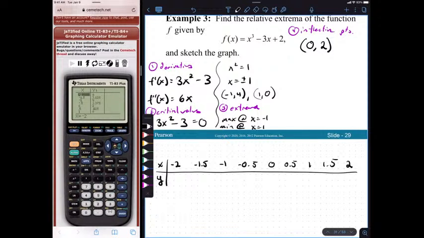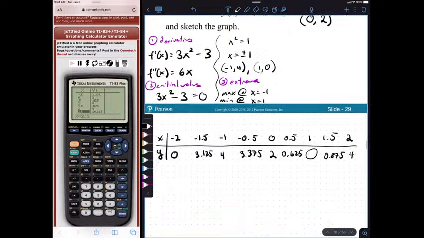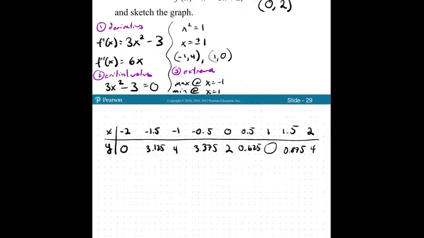Then here we got 3.125, 4, -0.5 is 3.375, 0 was 2, that's correct, 0.5, 0.625, 1, we got 0, 1.5 we get 0.875, and then 4.